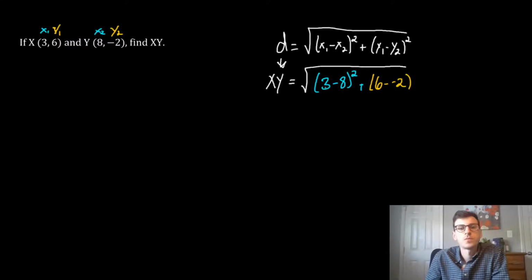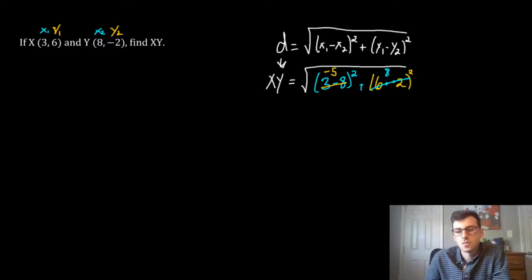So let's go ahead and do a little bit of solving in here. 3 minus 8 is -5. 6 minus -2 is the same as 6 plus 2, or 8. Need to make sure we're squaring both of those.